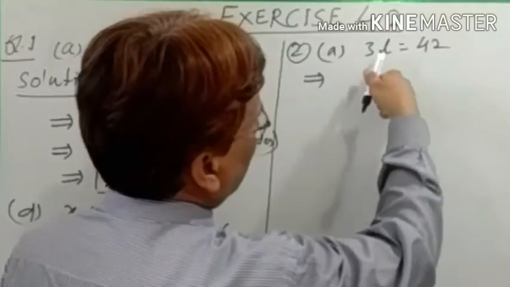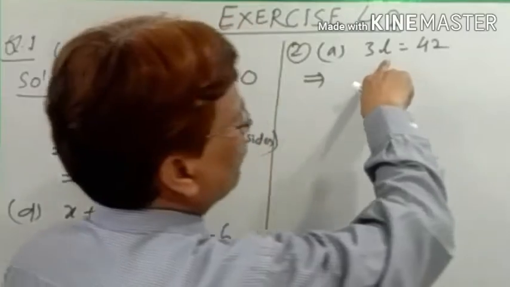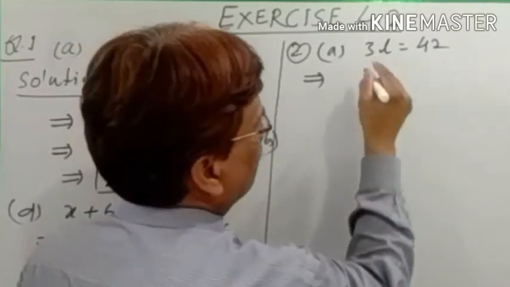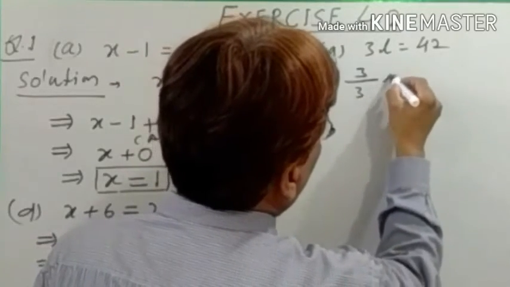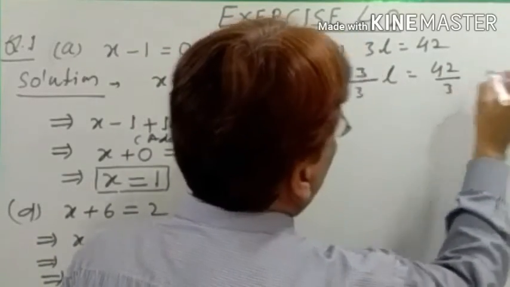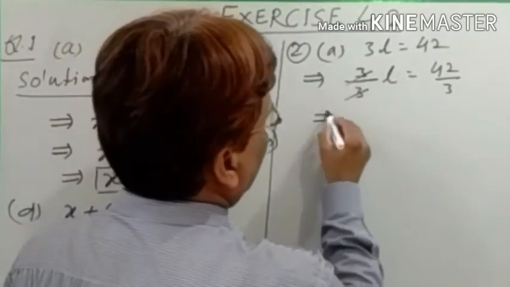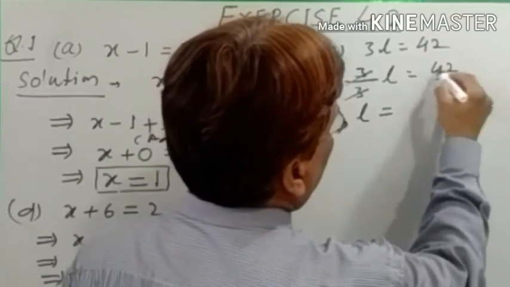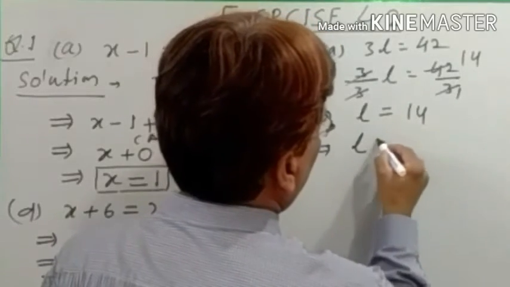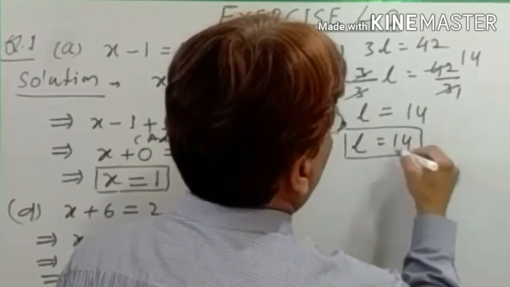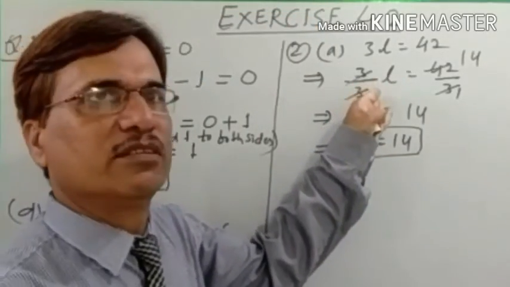So for removing the L, we have to divide by 3 on both sides. 3 cancels. L is equal to 14. So L is equal to 14. Dividing both sides by 3.